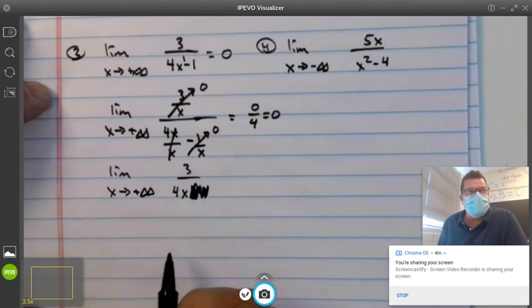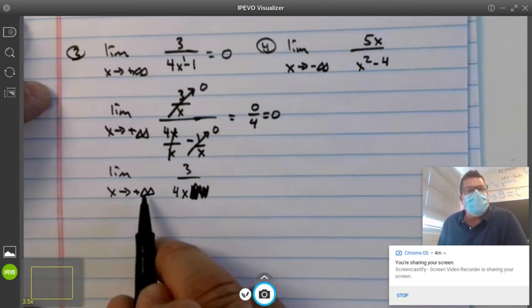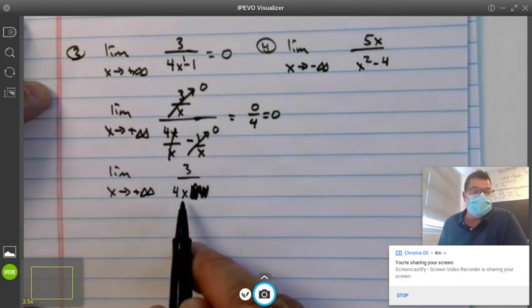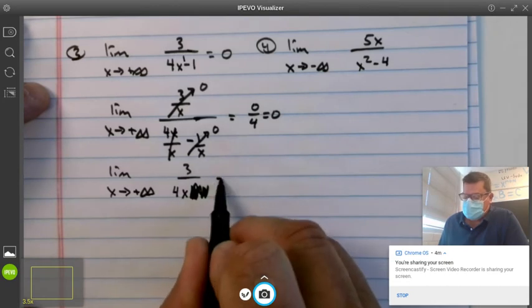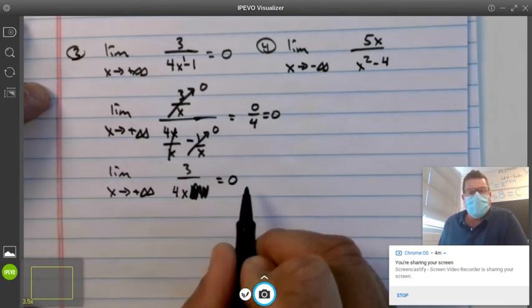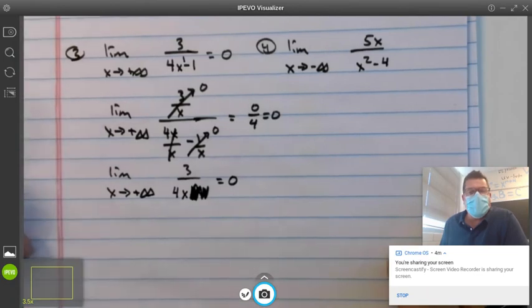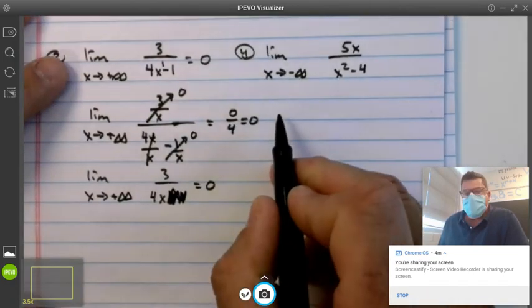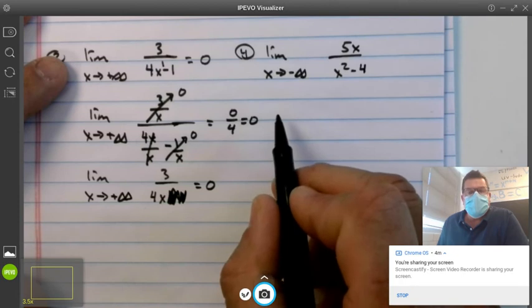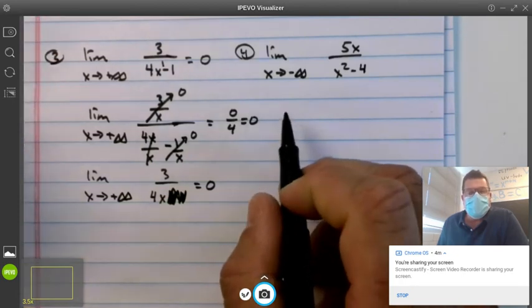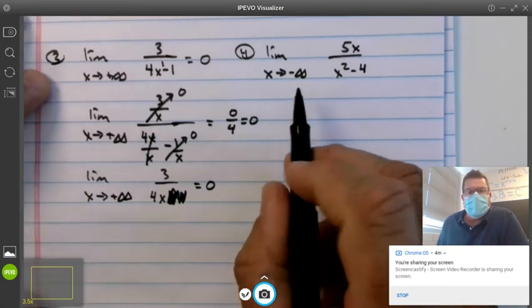That other stuff's inconsequential. Shove in infinity now. So what's 3 divided by 4 times infinity? 0. Okay? The Smith method is going to work here in a moment with different questions. As the degree of difficulty increases, the Smith method is one of the shortest methods. Let's try this one.